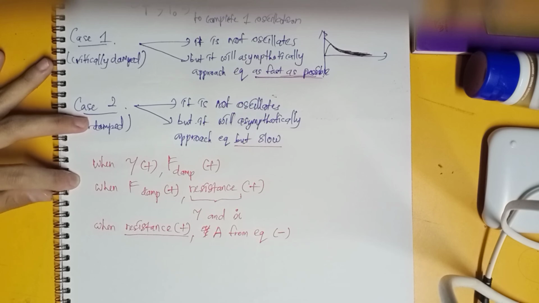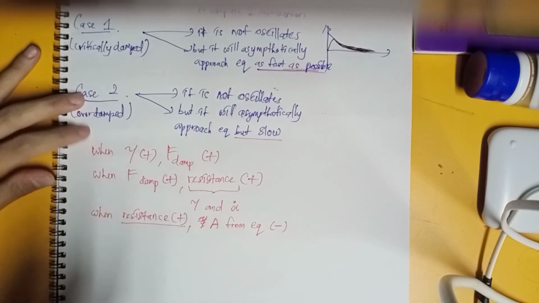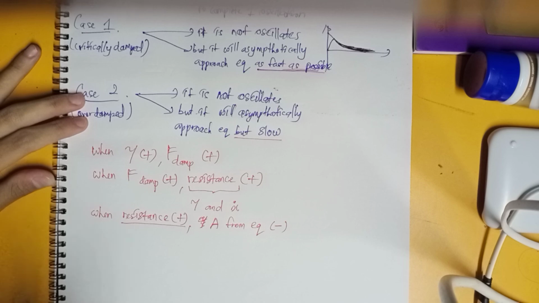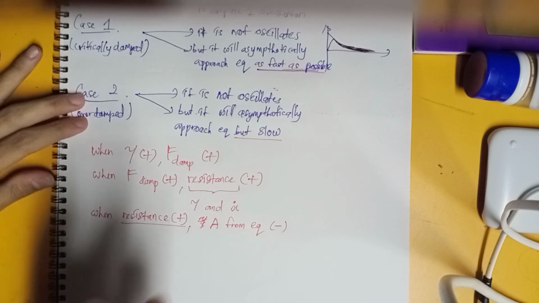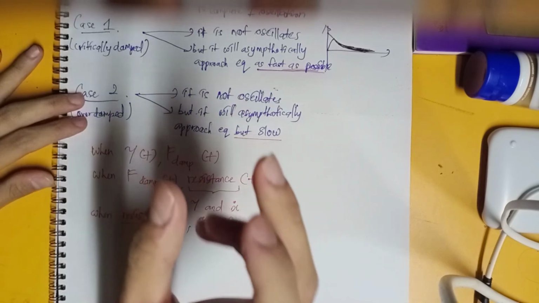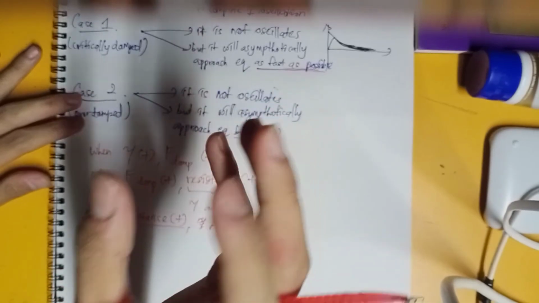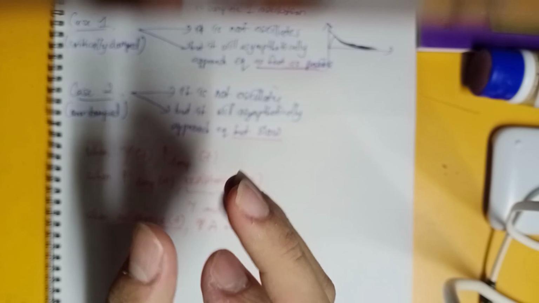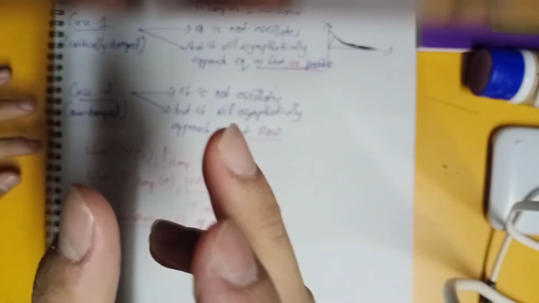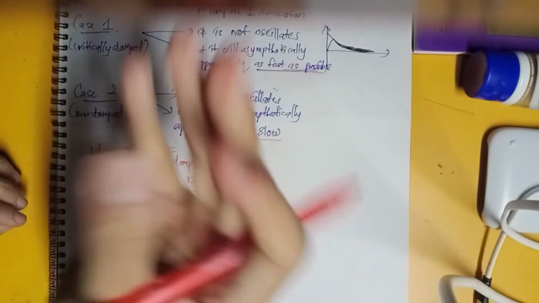How do I say this? When there is so much resistance, it cannot oscillate much higher. It cannot produce much more amplitude, because there is a force that drags the object as it oscillates.